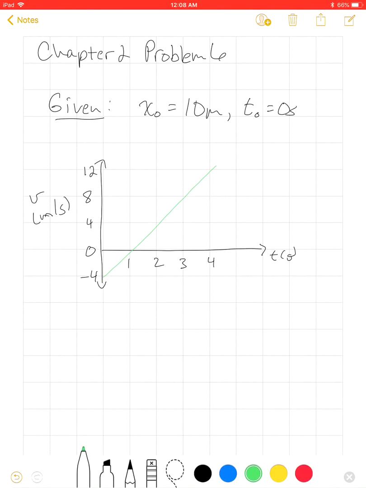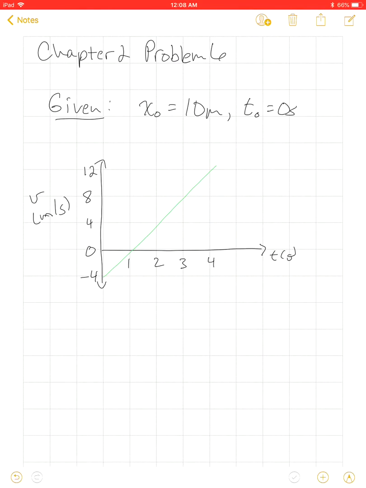So the first question we have is A, is there a turning point? And in this case, we can say, yes, there is a turning point because at time t equals 1 second, the velocity goes from negative, meaning it would have been moving to the left, or negative x-axis, to positive, so it's going to turn around at 1 second and then start heading to the right because its velocity becomes positive.